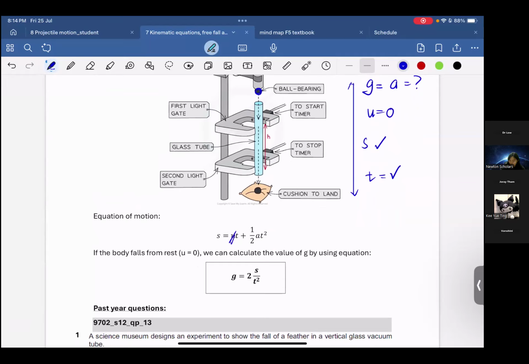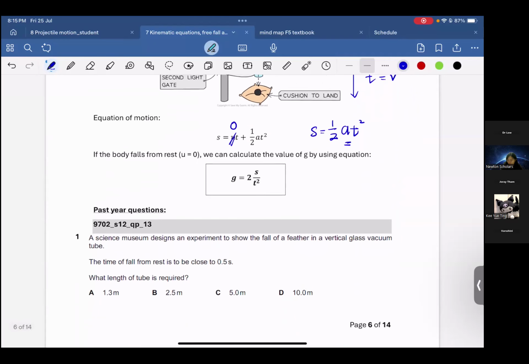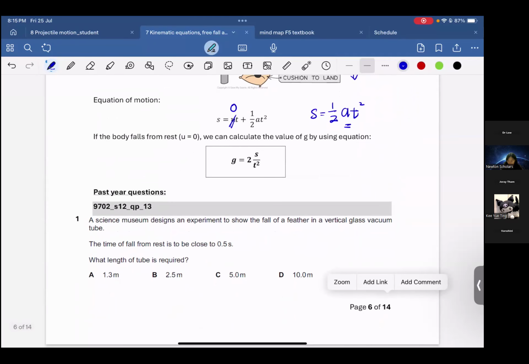As u is 0, we get S equals 1 over 2 at squared. The a represents the acceleration of free fall. So we will know how to calculate it using this formula. g equals, we just rearrange. Okay?